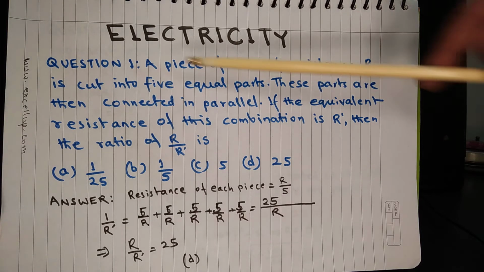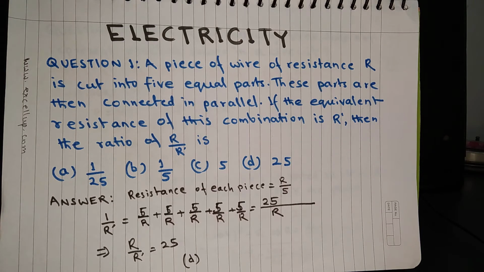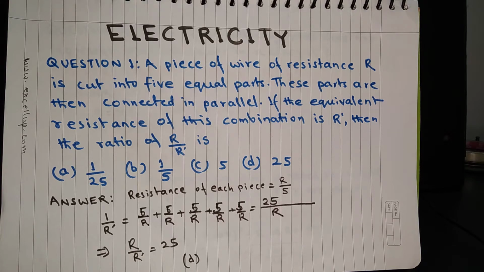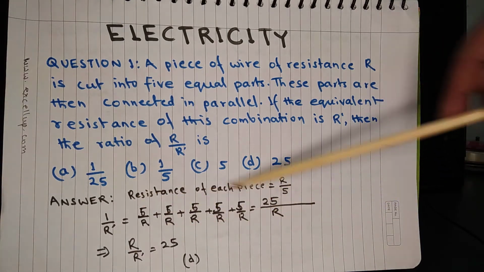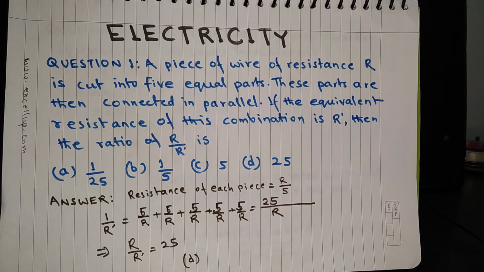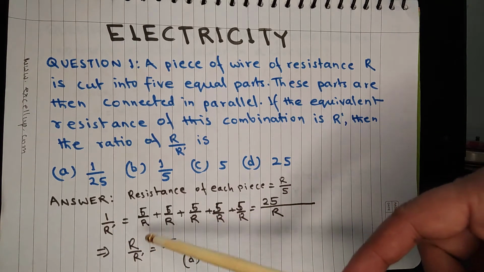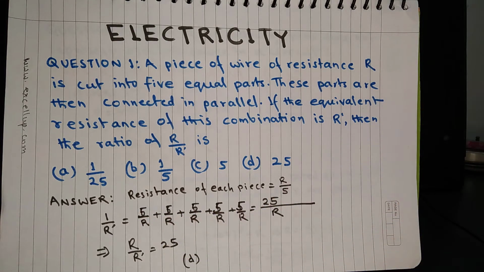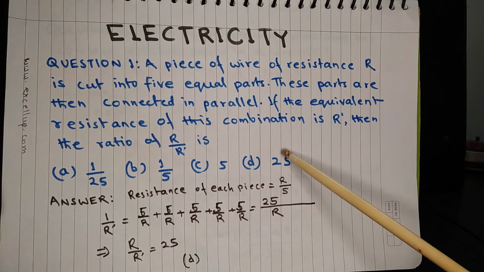Now when resistors are combined in parallel, the equivalent resistance is given by this formula: the reciprocal of equivalent resistance is the sum of reciprocals of the constituent resistances. So 1 upon R dash will be 5 times 5 upon R, so it will be 25 upon R, and hence the ratio is 25, that is option D.